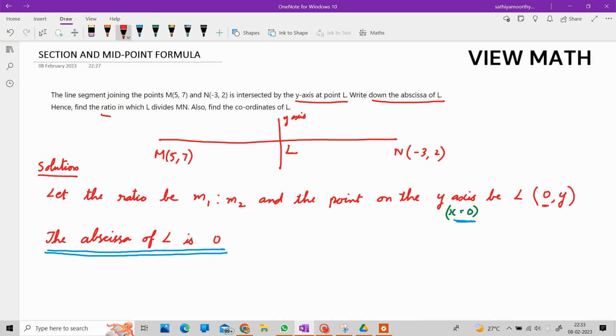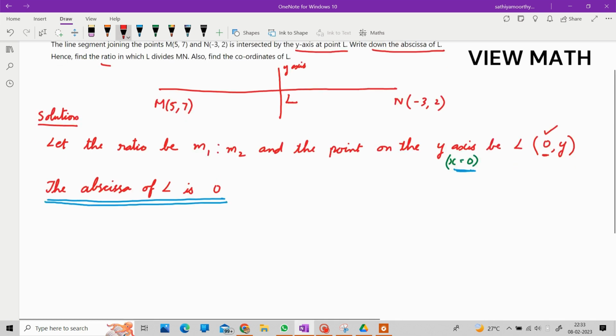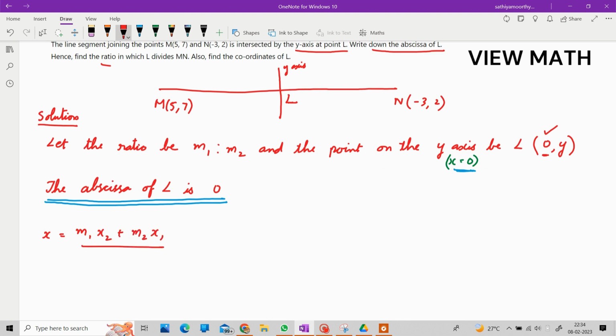I have already told you, whichever value I know, with that I have to proceed. So here I know the value of x, so with x I have to proceed. Using the section formula, x is equal to (m1 x2 plus m2 x1) by (m1 plus m2). Here M is (x1, y1) and N is (x2, y2).